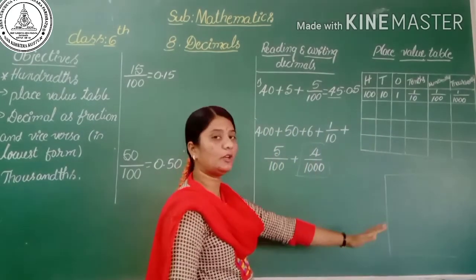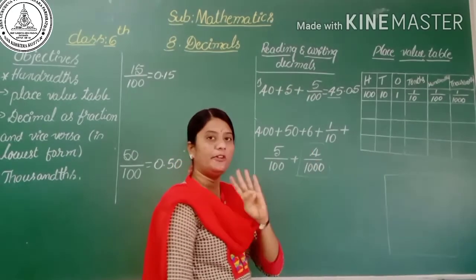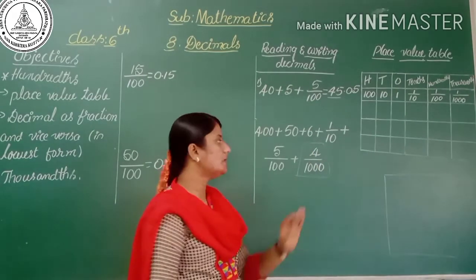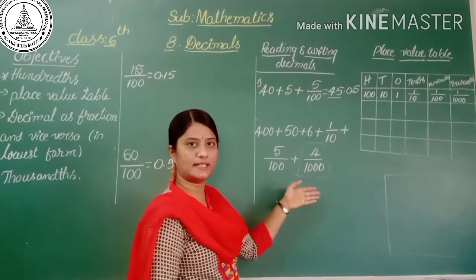In the 1000 equal parts, they shaded 4 squares. Okay, so that means 4 thousandths.